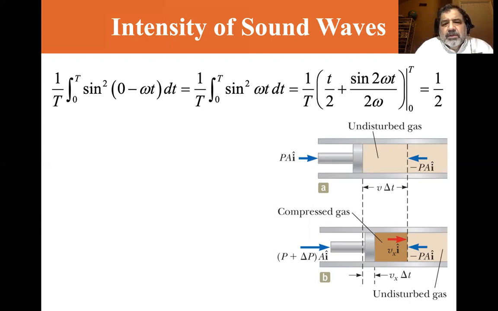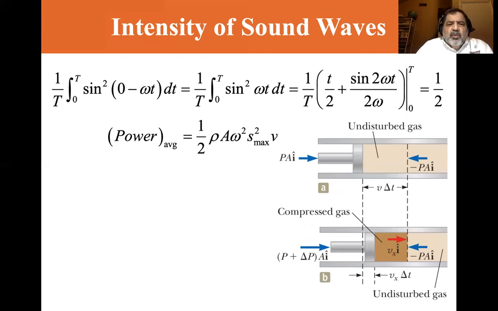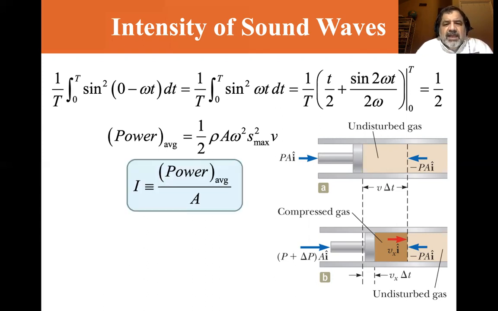So the power is equal to 1/2 rho times the area omega squared s max squared times the velocity. So the intensity is equal to the average power divided by the area. You can see there's an area in the power equation.